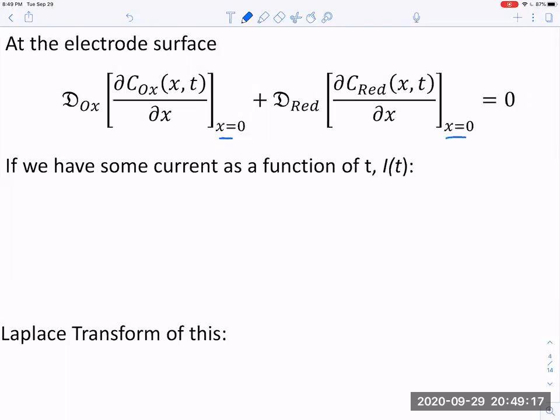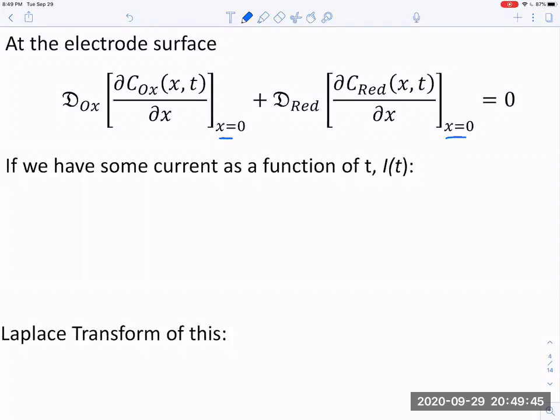So there's no discontinuity here. Oxidized species are going to be coming to the electrode surface, and reduced species are going to be going away from the electrode surface, because this gradient is going to have an opposite sign. So that's why they balance and equal 0. These will be different signs.